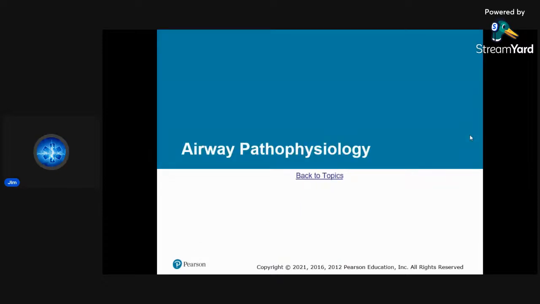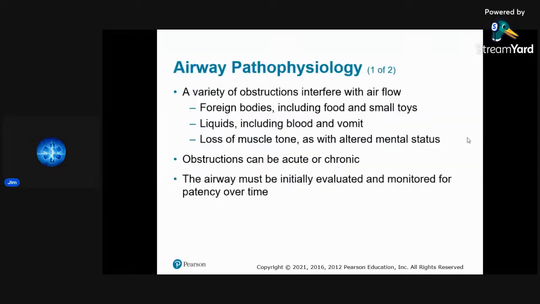Airway pathophysiology. All right, we're going to talk about airway pathophysiology. A variety of obstructions can interfere with breathing, right? We have foreign bodies, which could be small toys, foods, all kinds of things. Liquids, including blood and vomit, and excessive secretion as well. Loss of muscle tone.